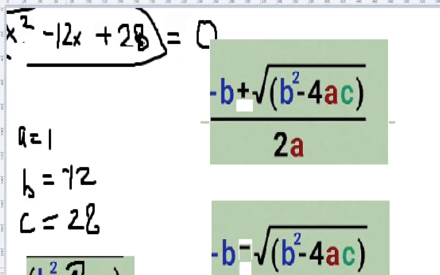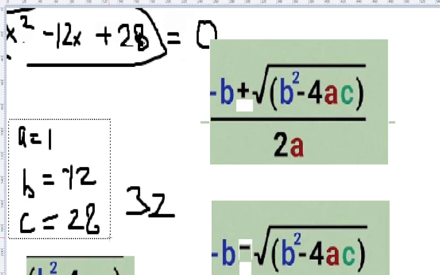And minus 4 times 1 is just minus 4. And times 28 is 56, 112. So minus 112. Well, 144 minus 112 is going to be a positive number. It's going to be 32. So since it's a positive number, I know there's going to be 2 answers.